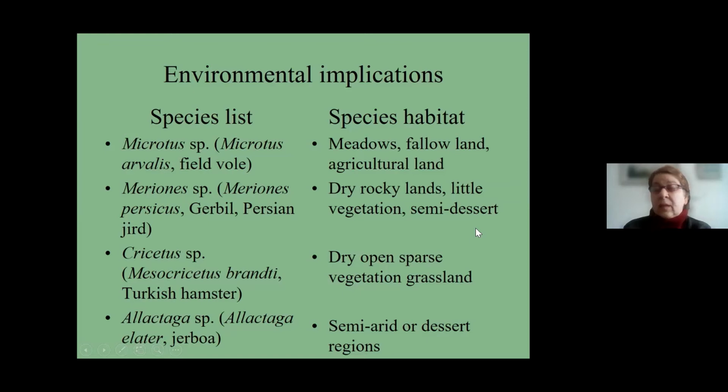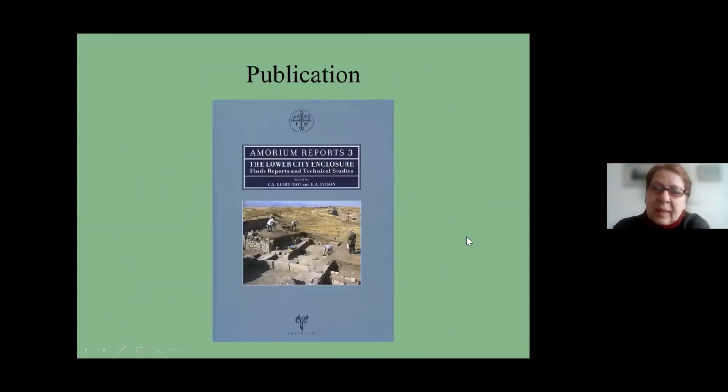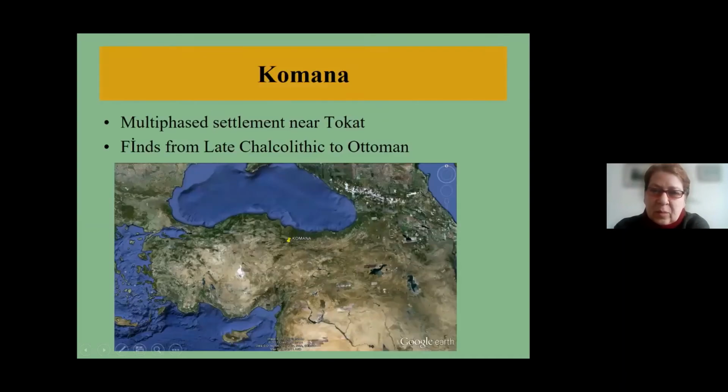This tells me that the area around Amorium in the 5th to 7th century was already what it is today, a very dry, semi-arid land. The publication for this is here, you may see.